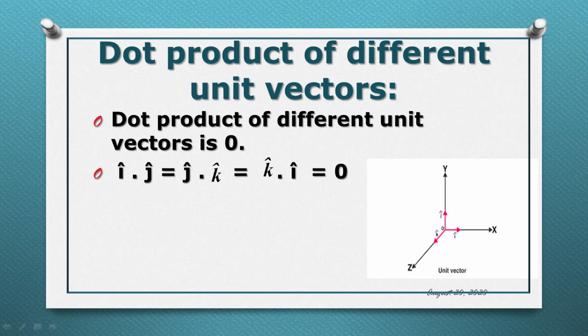As we have already discussed the commutative property, if we change the order and write it as j dot i, k dot j and i dot k, again it will give us the same result. j hat dot i hat is equal to k hat dot j hat is equal to i hat dot k hat. All these will give us a 0 result because all of these unit vectors have an angle of 90 degrees between them. So the dot product of different unit vectors is always 0.